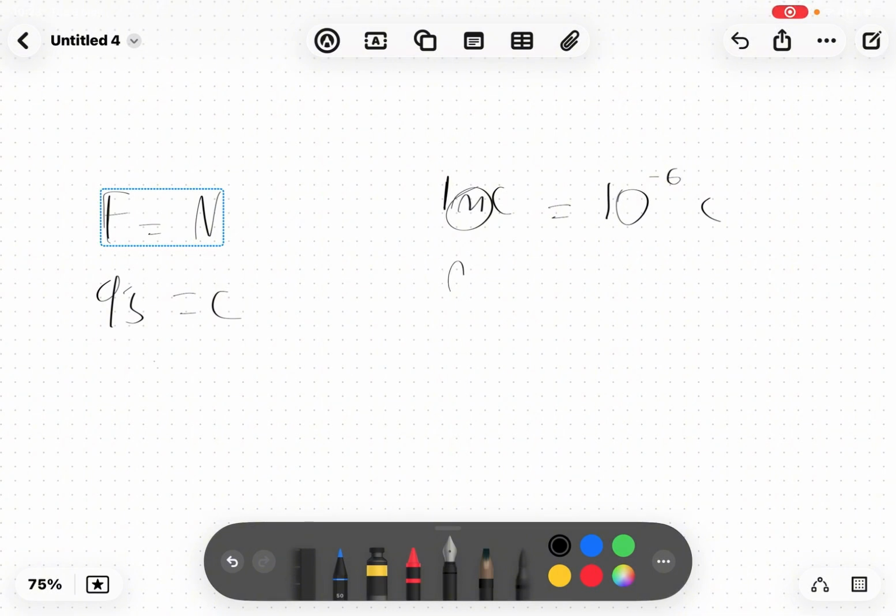And for 1 millicoulomb, you would do 10 to the power minus 3. For example, if it's 1, we do 1 times this coulombs. And then let's say it's 1 nanocoulomb, 1 times 10 to the power minus 9 coulombs.